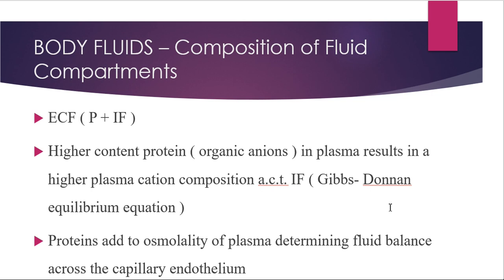Now, as per the Gibbs-Donnan equilibrium equation, the higher content of protein, that is, organic anions, in plasma leads to a higher plasma cation composition as compared to interstitial fluid. Now we are talking about the equilibrium between the plasma and interstitial fluid, both of which are part of the extracellular fluid compartment. And you all know we can measure ECF, the extracellular fluid compartment.